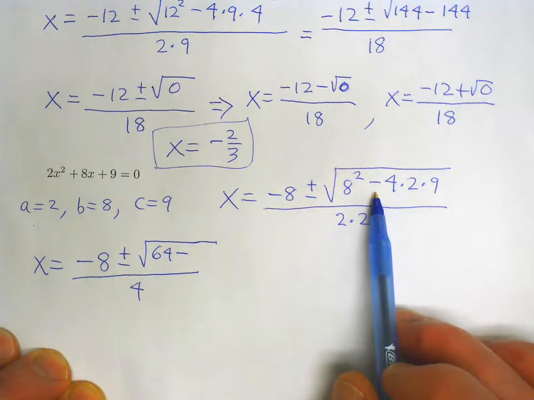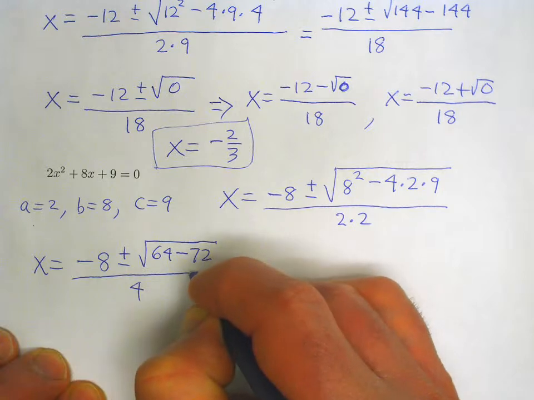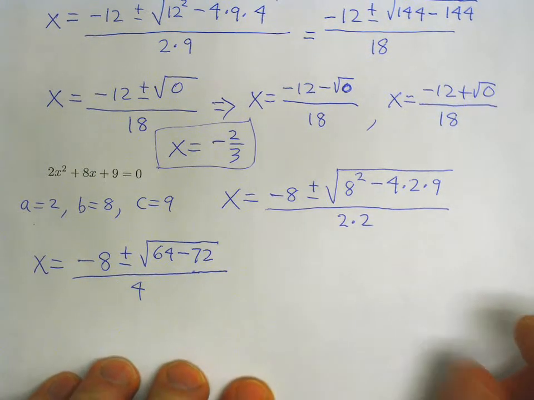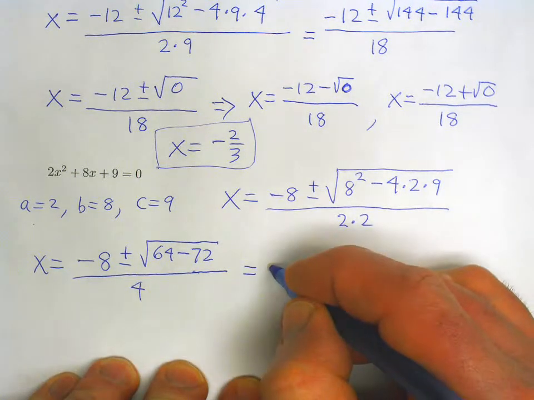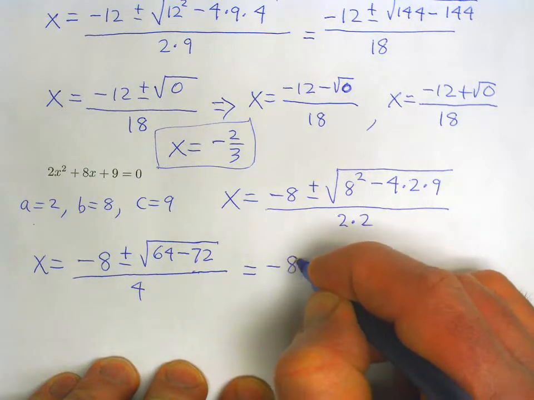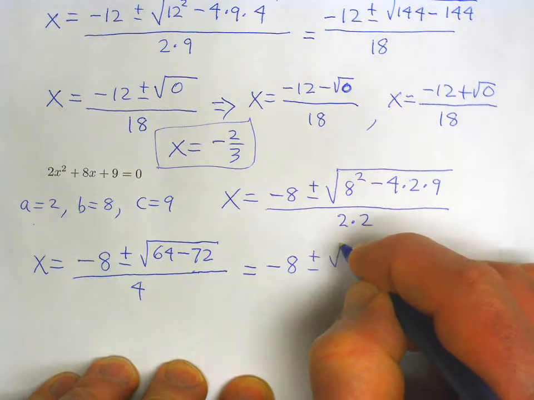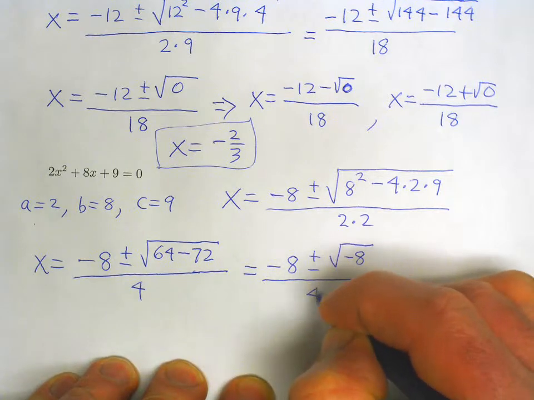That's the same as subtracting 8 times 9, or minus 72. This time the discriminant is negative. So negative 8 plus and minus the square root of negative 8, all divided by 4.